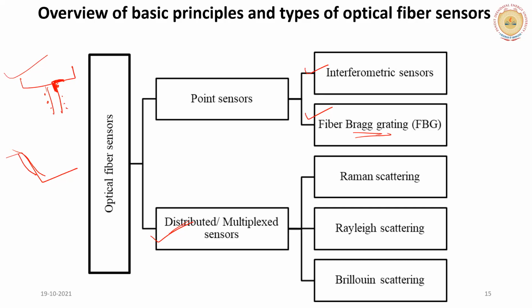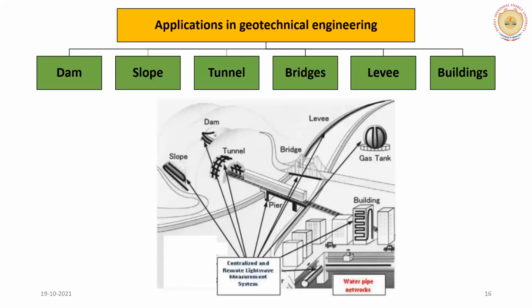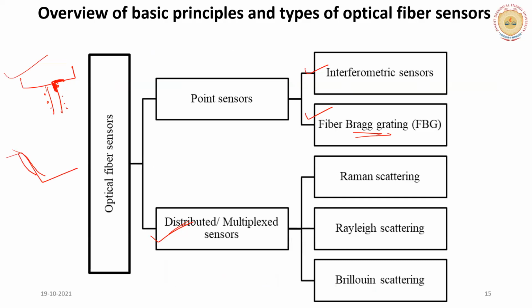And each and every point in this optical fiber will act as a sensor, because I can measure the strain in every, say, 1 centimeter of the distance, right? So it becomes highly accurate, the distributed optical fiber system. Although it is a little bit expensive, we have to go for distributed optical fiber sensing for critical projects.